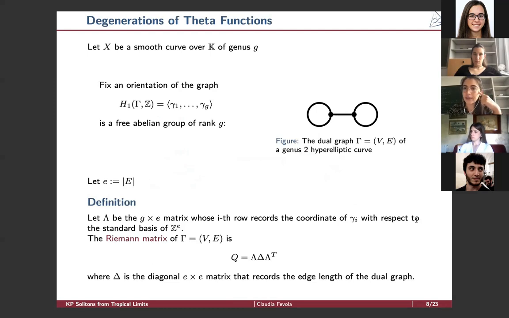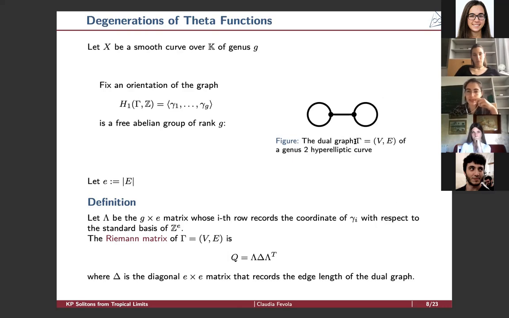So let's first understand why the theta function degenerates to a finite sum of exponentials. Let X be a smooth curve defined over the field K of genus g. As I mentioned before, the curve for t equal to 0 can be represented by a graph that can be combinatorially described, called the dual graph. The one in the picture is the dual graph for a genus 2 hyperelliptic curve.